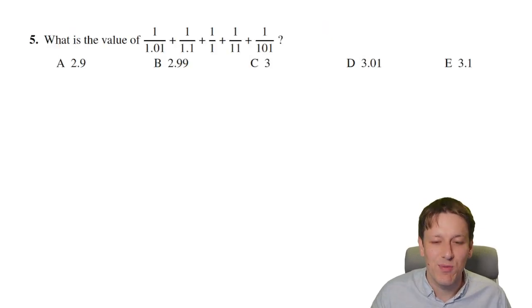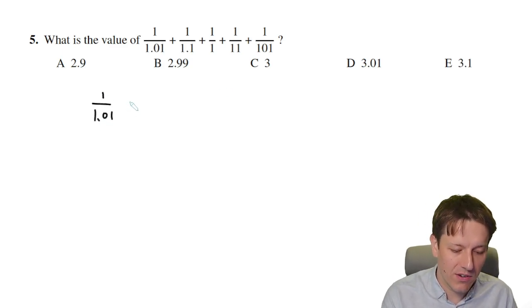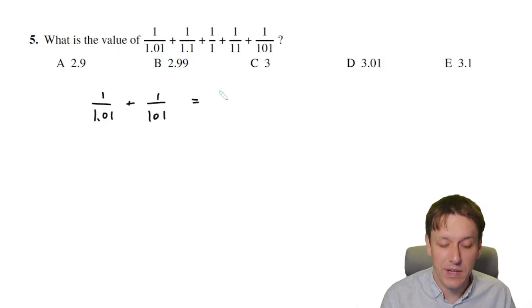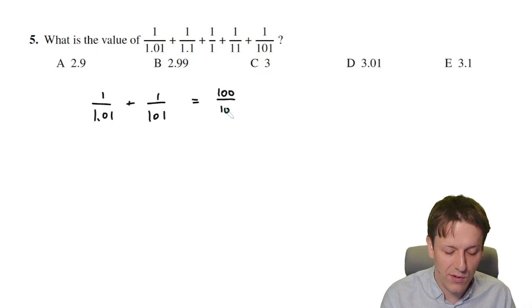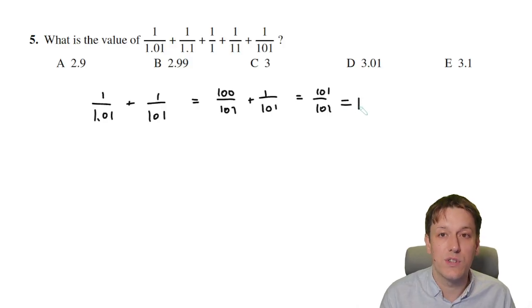To get this question right, we just need to group the fractions in the appropriate way. So 1 over 1.01 plus 1 over 101. Well, 1 over 1.01 times top and bottom by 100 would give me 100 over 101 plus 1 over 101. Then that's 101 over 101, which is 1.